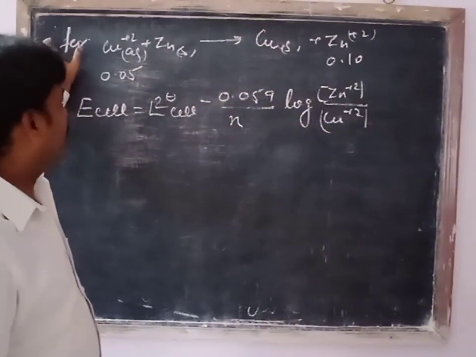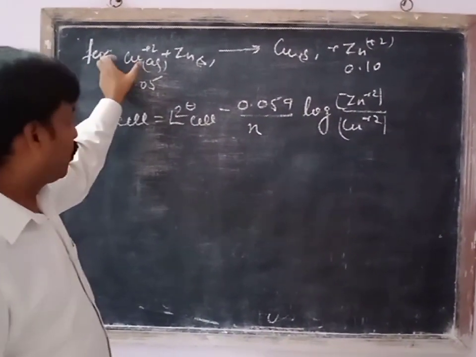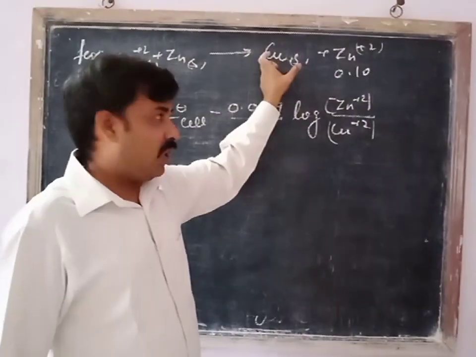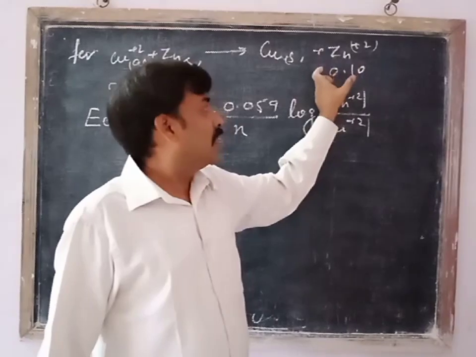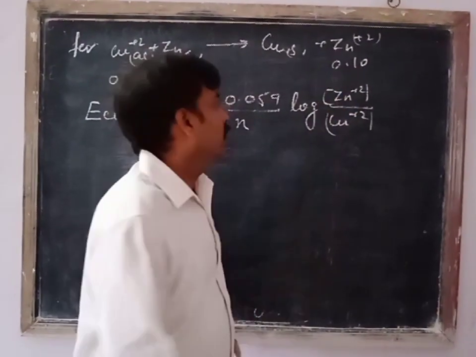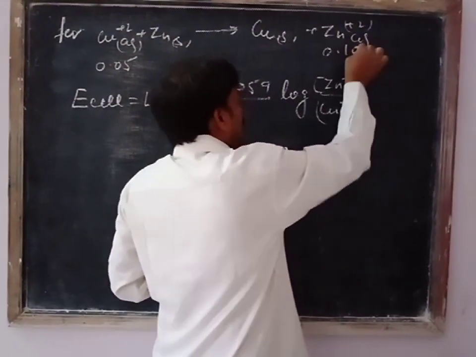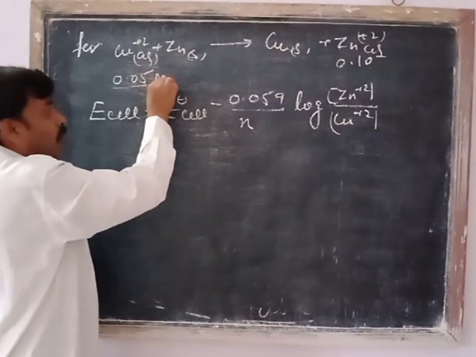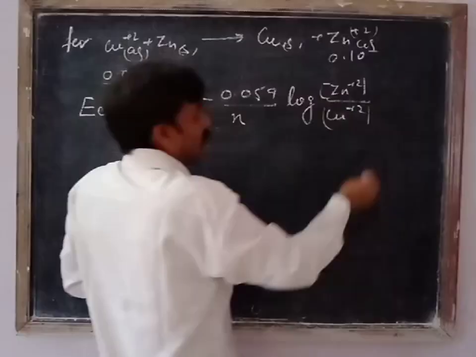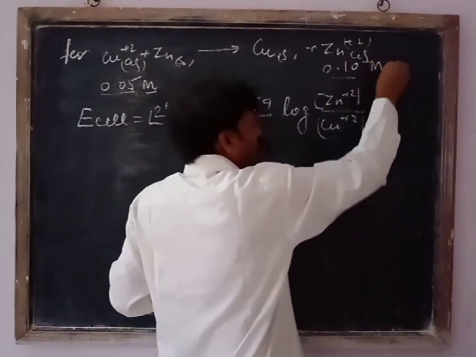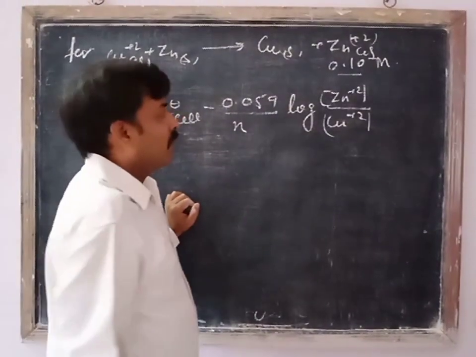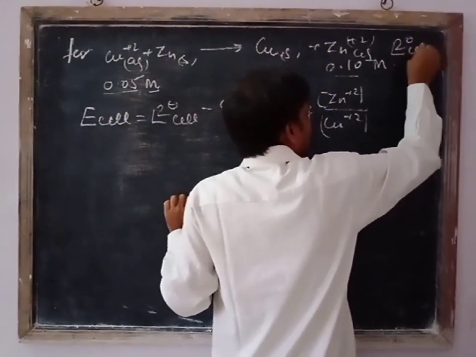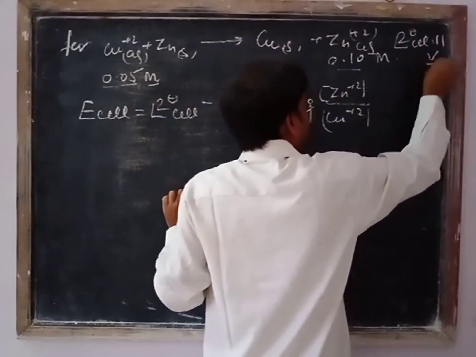Here the reaction for the cell is Cu2+ (aq) + Zn gives Cu (solid) and Zn2+ (aq). In this condition, the concentration of the copper ion is 0.05 mole per liter, that is the molarity, and 0.10 mole per liter for the zinc ion, and the value of E° cell is 1.1 volt.